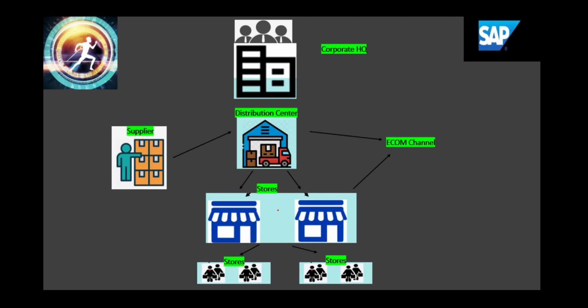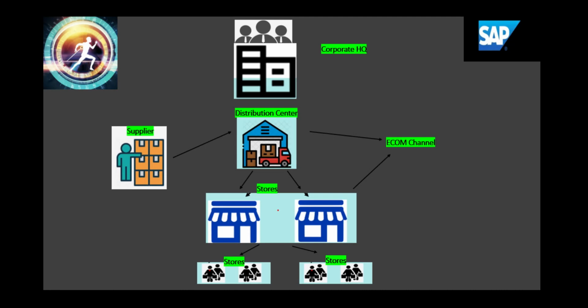So these are the various touch points upon which the retail business operation is built. When you see it, you feel like it's a very simple operation, but there are so many intricacies at each of these touch points, and so many activities that have to happen at each of them. There are many integration points, and a lot of data has to move around these different entities, and it should be in sync.